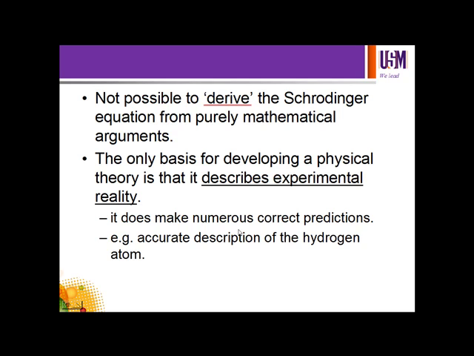So the Schrödinger equation cannot be derived from any other mathematical expression, but basically it was like the Planck formula, E equals h nu. It is, in inverted commas, out of the blue.